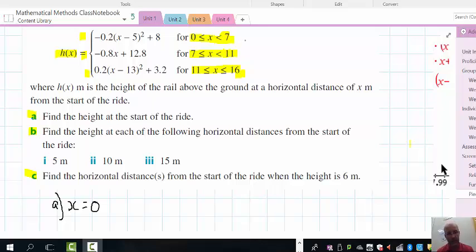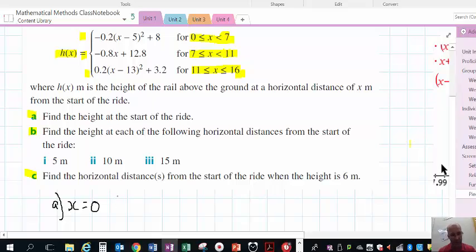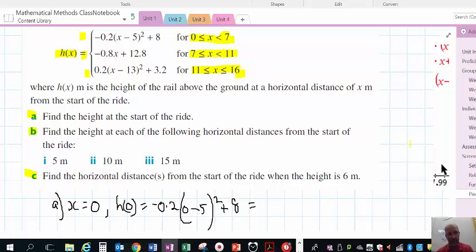So at the start, we're looking at the first part of the piecewise function, and so we're only using the first part, so that's h of 0 equals negative 0.2 times (0 minus 5) all squared plus 8, and we evaluate that, and that'll give us our answer.